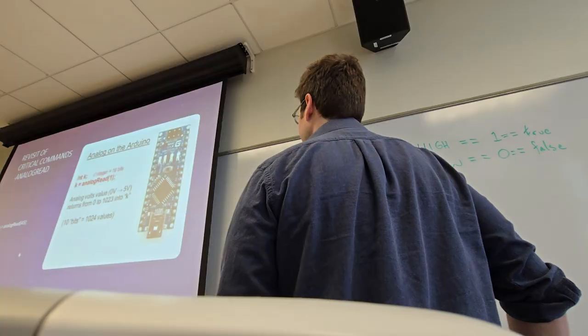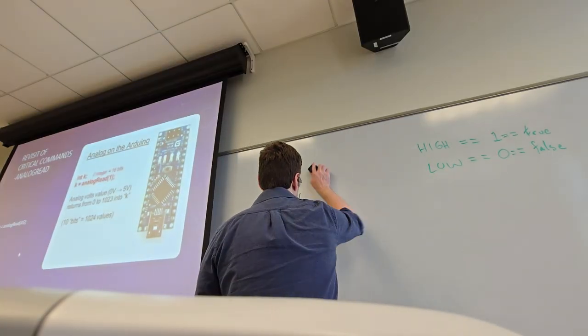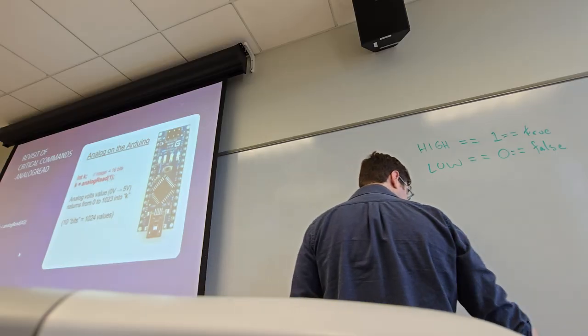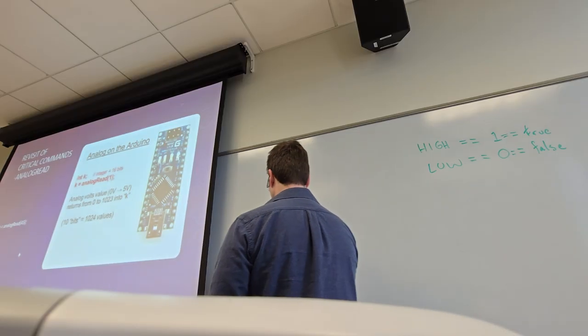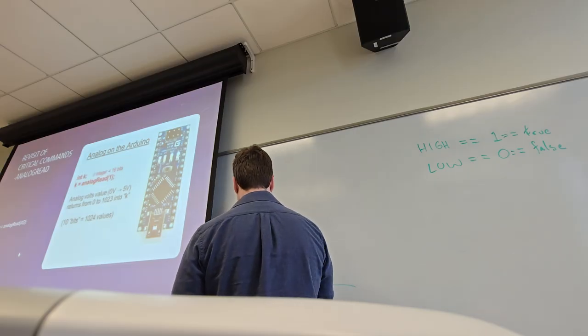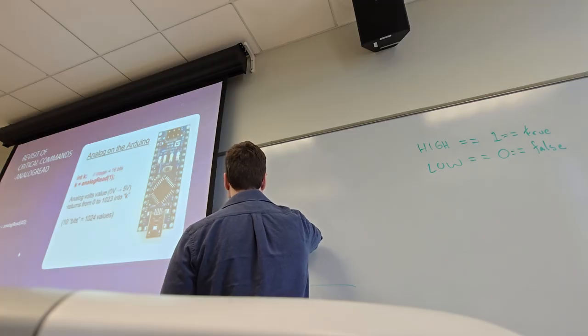Talking about analogRead. Again, analog being any signal from the minimum ground reference, 0 volts, to our maximum analog reference, which is usually just our input voltage, such as 5 volts.